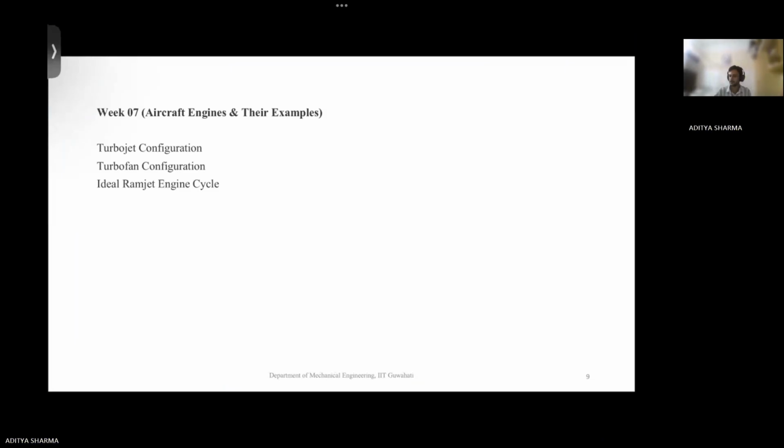Then after that, week 7 is there, where aircraft engines and their examples have been discussed. So turbojet engine, turbofan engine, and ideal ramjet engine.